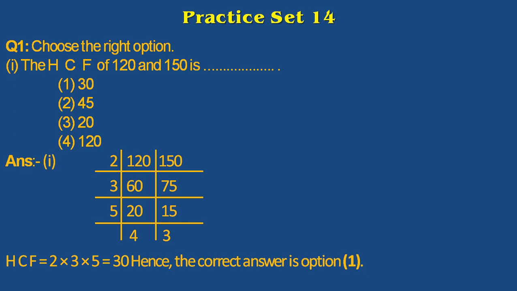Now since we are calculating the HCF, highest common factor, the common factors are towards the left of the calculation. 2 multiplied by 3 multiplied by 5. 2 3s are 6, 6 5s are 30. Hence the correct answer is option 1.